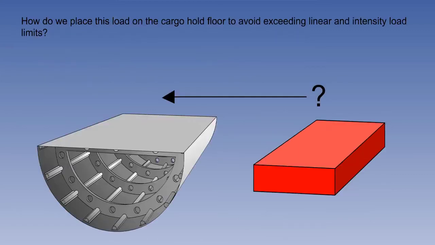Now that we have understood the theory of and restrictions imposed on linear or running and area or intensity loads, it is time to apply some logic to see if and how a load may be carried without exceeding limits.